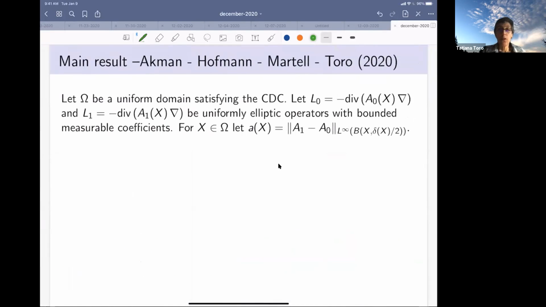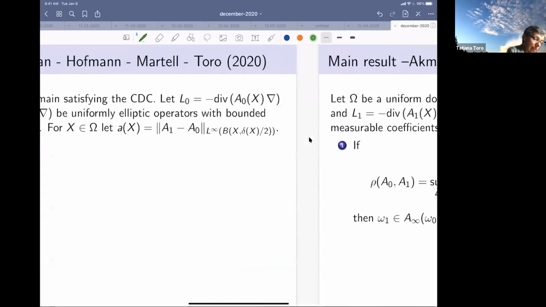Okay, so we have our uniform domain with the CDC. Again, remember, not even a surface measure appeared in the statement. We have two operators, L0 and L1, which are uniformly elliptic with bounded measurable coefficients. Please notice we're not assuming they're symmetric. And we look at the deviation.